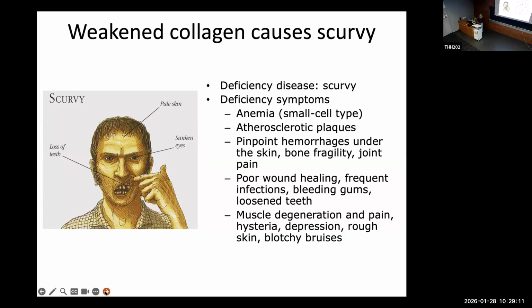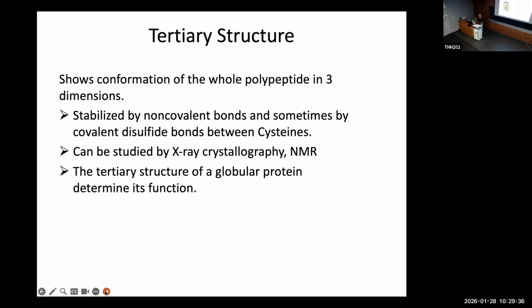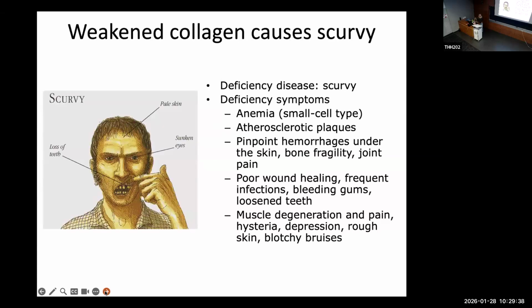Once it was figured out that this was alleviated by vegetables or citrus, which survive a long time without going bad, they just brought things like that on the ships. So that is the result of a lack of vitamin C there, and at the level of the protein structure, what's going on. Okay, questions on collagen structure and the formation of that?